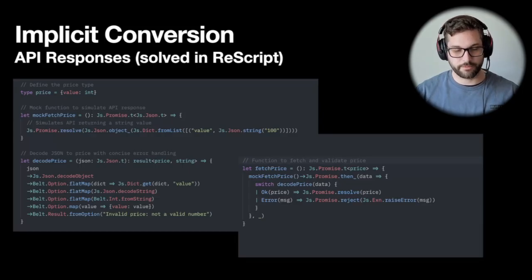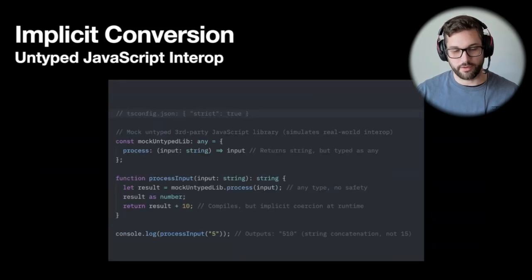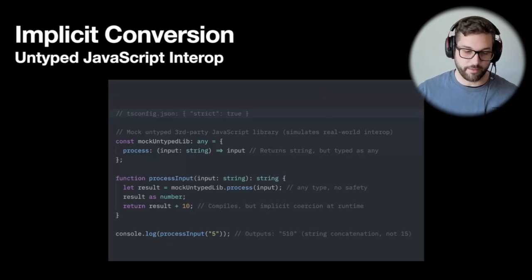Let's take a look at a similar example around untyped JavaScript third-party libraries that you may import into your code. So here we have a process input function. It's invoking this untyped third-party library process. The result is clearly what we expect to be a number. We add the number plus 10.